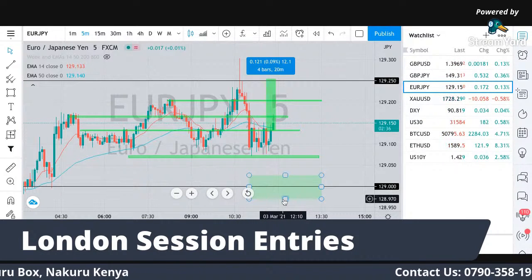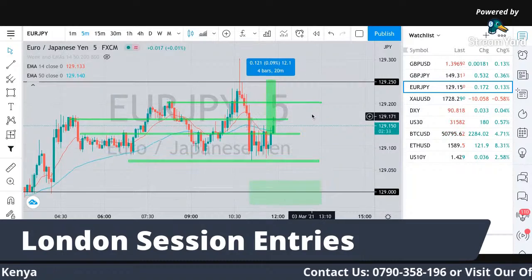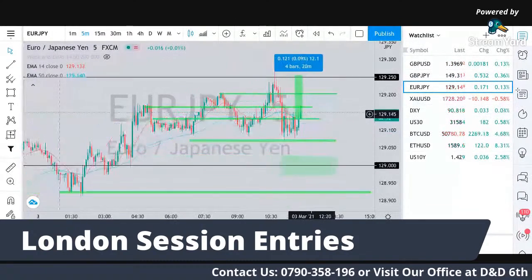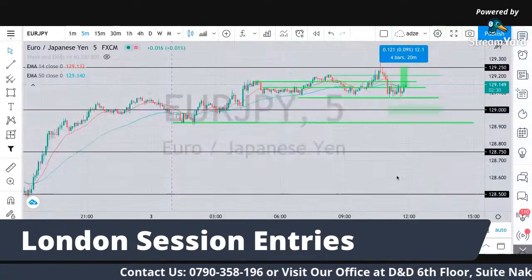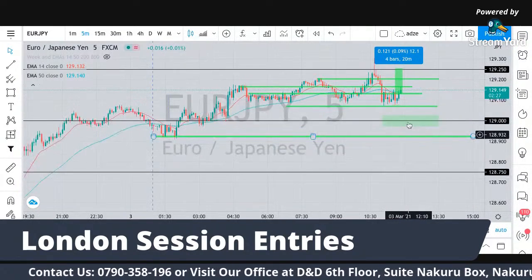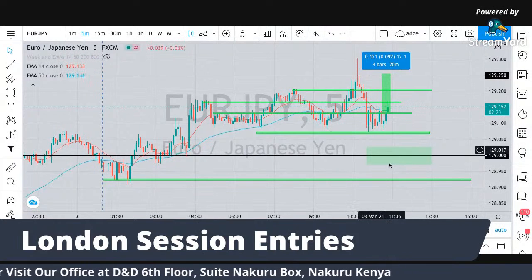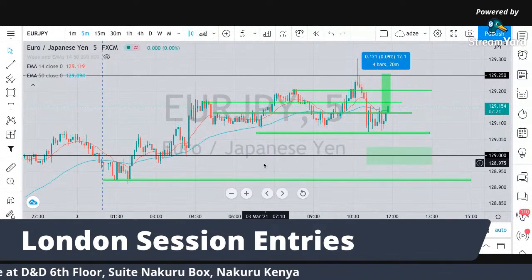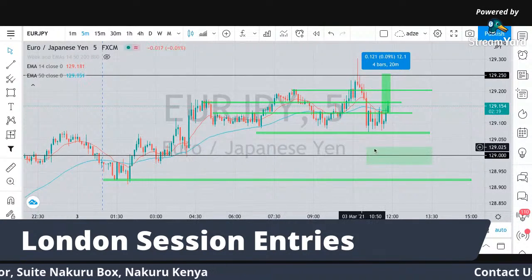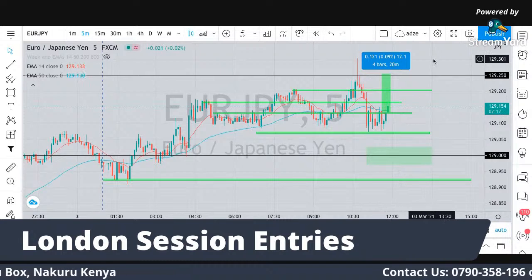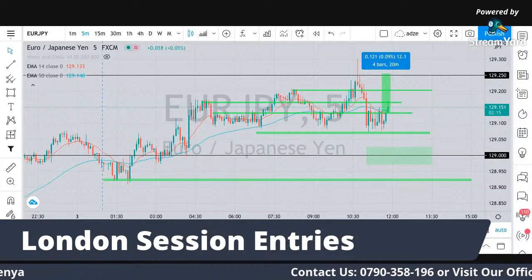My take profit is below the low of the day, whereby I'm expecting price to work on these lows. This is my take profit zone. And the reason why I'm using it as a take profit is that I'm expecting price to come back at this particular zone and then continue. So let me see.